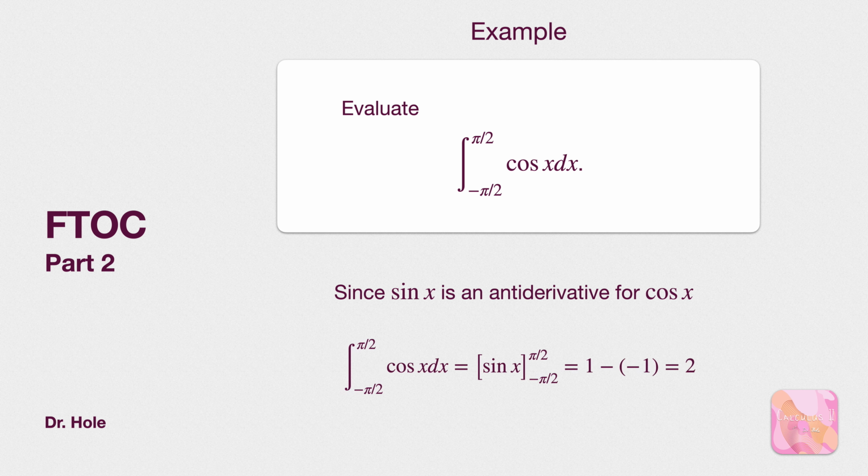Well, FTOC part 2 then allows us to use sine at the upper bound minus sine at the lower bound. Sine at the upper bound is 1, sine at the lower bound is negative 1. Take the difference of those two values, and that difference is the value of this definite integral. Beautiful.